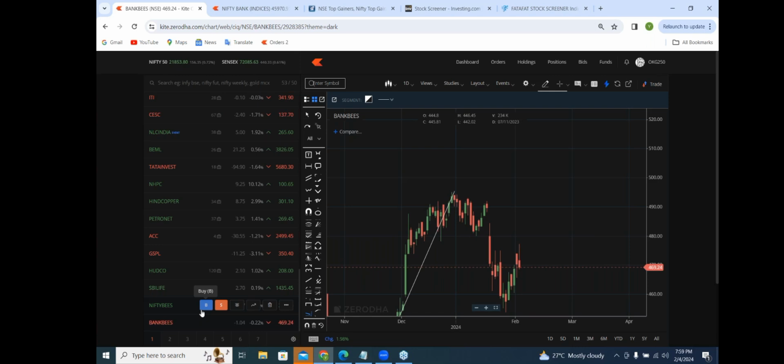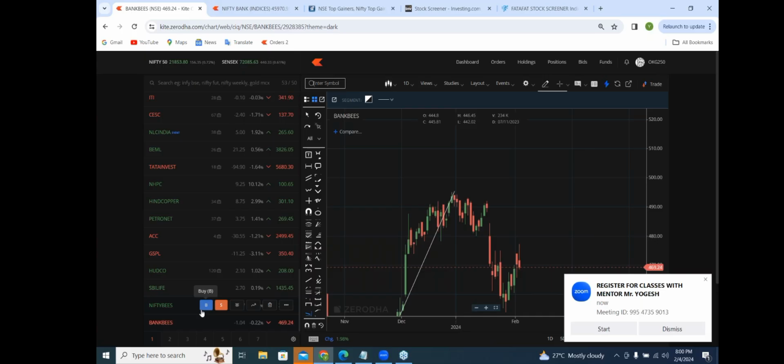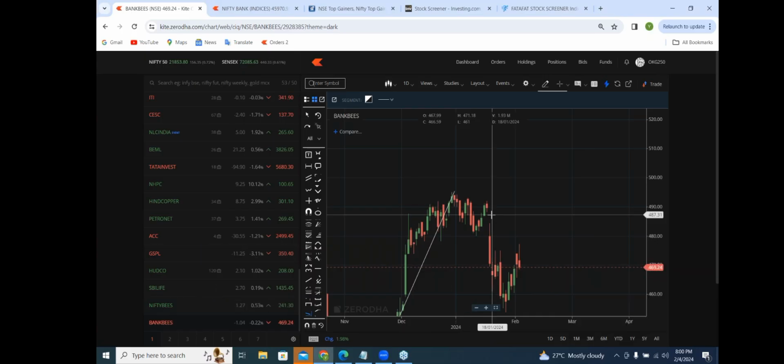Intraday trading in Nifty Bees and Bank Bees, and swing investment in Nifty Bees and Bank Bees. See, you can invest 500 rupees or 1,000 rupees for the long term. What I'm trying to tell you is swing investment. Is that clear?